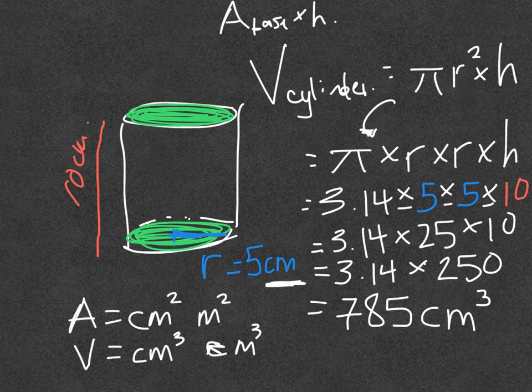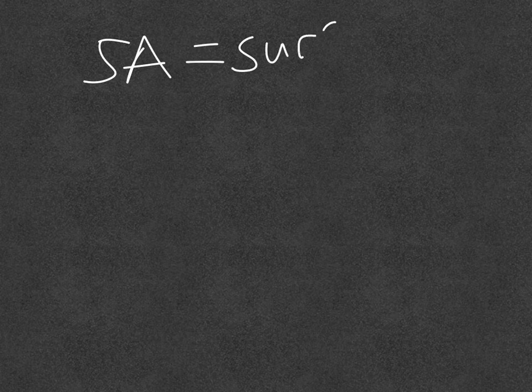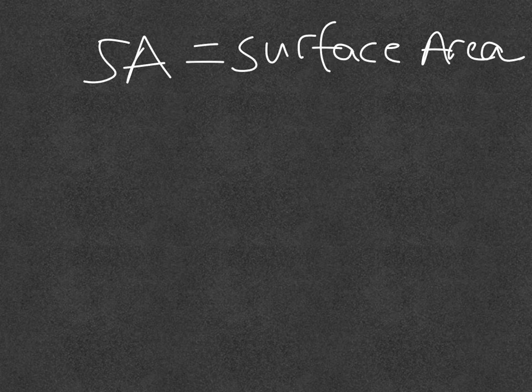Okay, so now let's get to the tricky stuff. Surface area. I always just say SA, but it's surface area. And when you're dealing with surface area, I want you to think of wrapping a present.